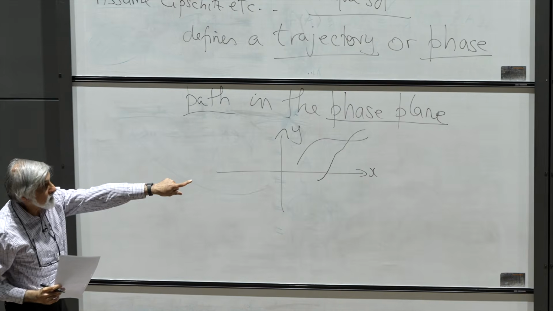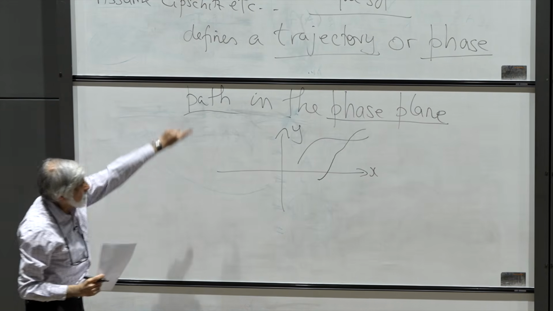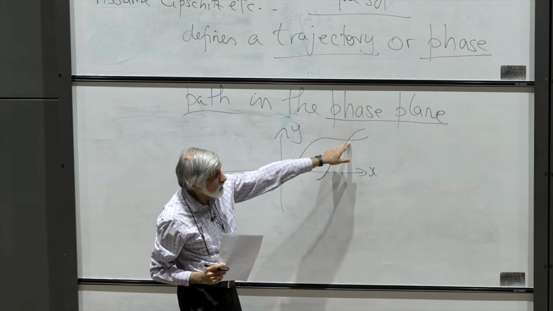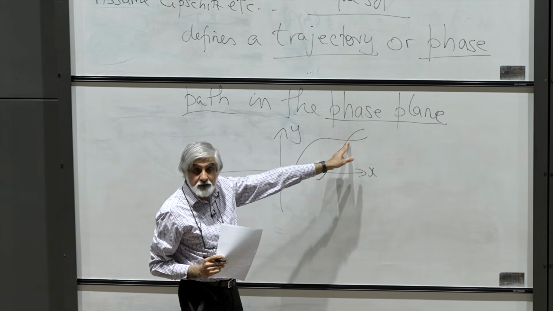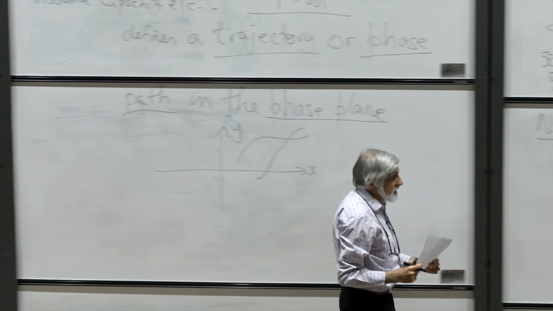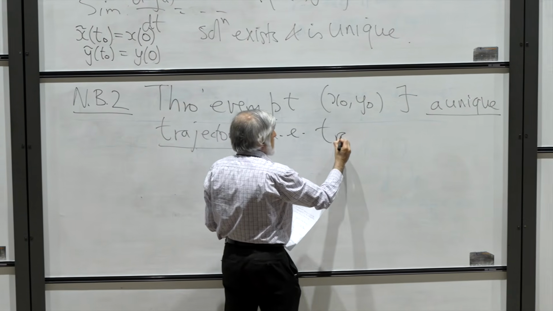And the answer is, from the previous result, no. Because if I take this to be x0, y0, then there's only one trajectory through that. So what that means is that trajectories can't intersect.